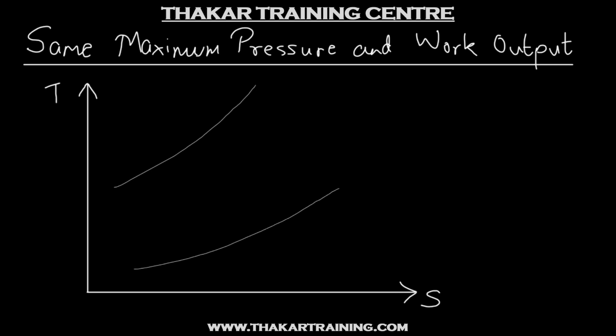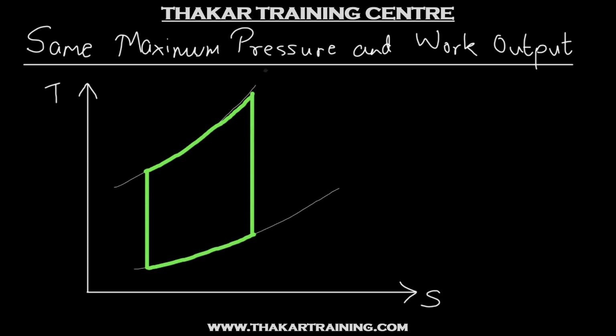Mark the Otto cycle first. Alright, these are constant volume lines, V equal to C. Then we have marked the Otto cycle 1, 2, 3, 4.